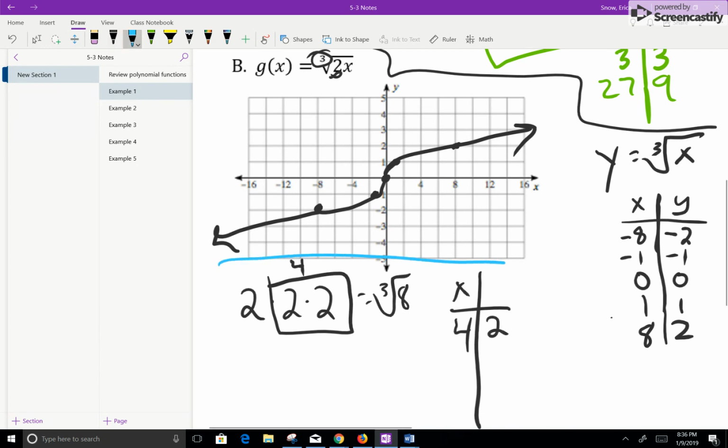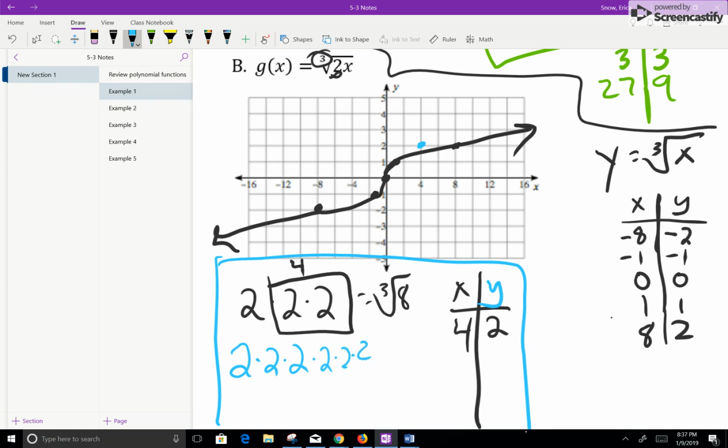Actually, we're going to do this in blue on the graph. So I'm going to throw that up there. So we plug in 4, we get 2. Now, I need another triple of 2's, right? So we've got 2 times 2 times 2 times 2 times 2 times 2. This is our 2 that's originally in the problem. Here are all the 2's we're adding. So that means that x is 2 to the 5th, which is 32, but that our y is then going to be 4.